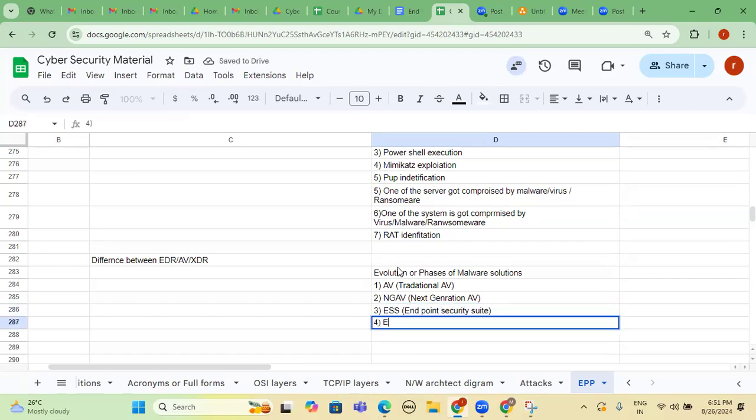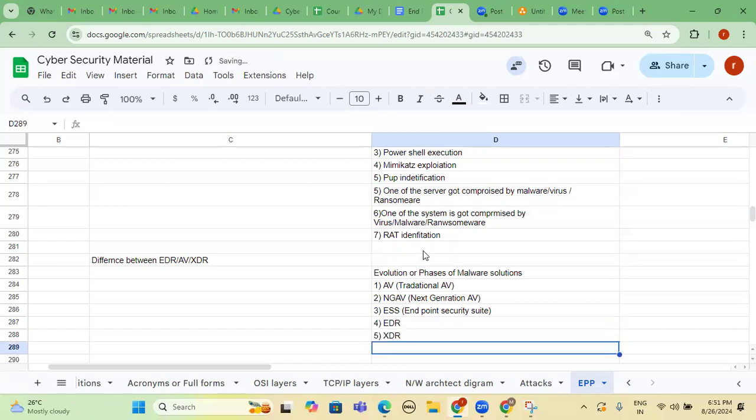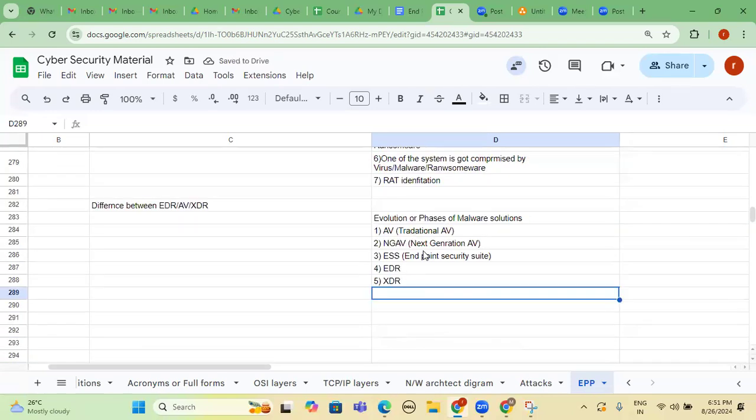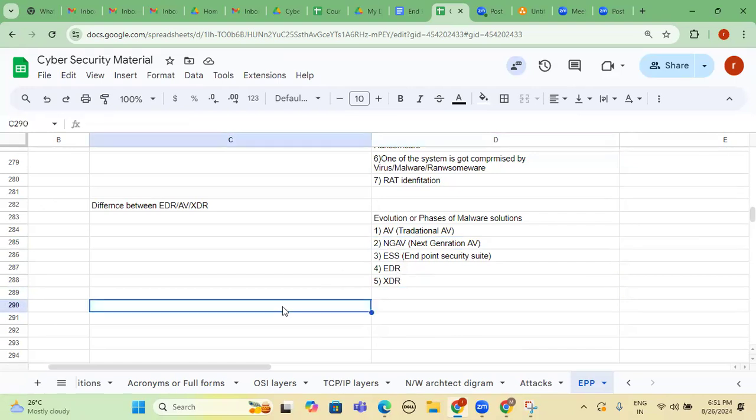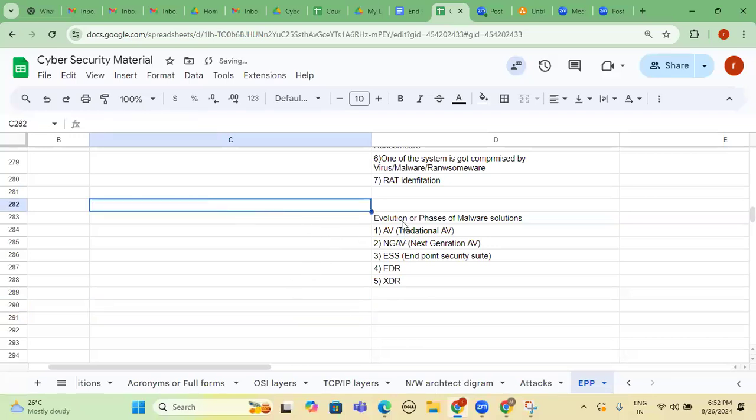Next one is EDR. Next one is the current generation of malware solutions, XDR. This is the advanced one, extended detection and response. So these are the evolutions or phases of malware solutions from 1985 till date. But couple of times other vendors refer to NGAV, ESS, EDR as a single solution. So now what I will do is the difference between antivirus, EDR and XDR.